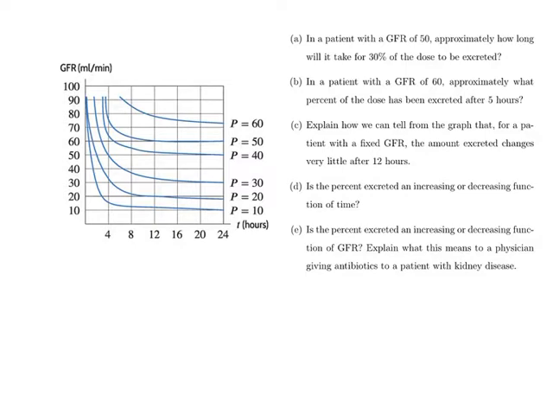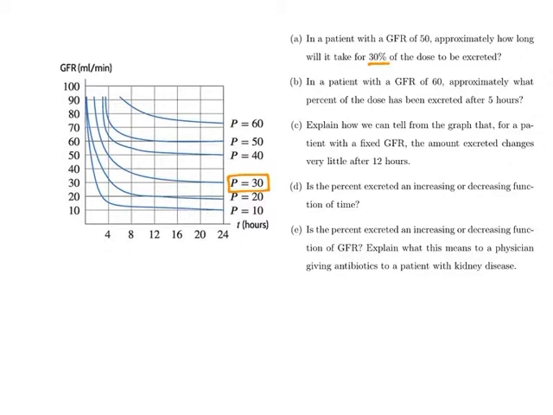First question, in a patient with a GFR of 50, approximately how long will it take for 30% of the dose to be excreted? Note that the 30% here is going to correspond to this P equals 30 contour line, as the contour represents the percent of the dose to be excreted.